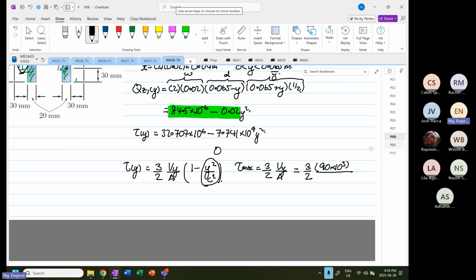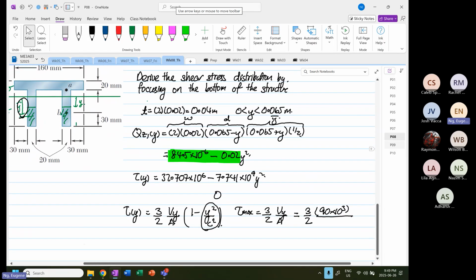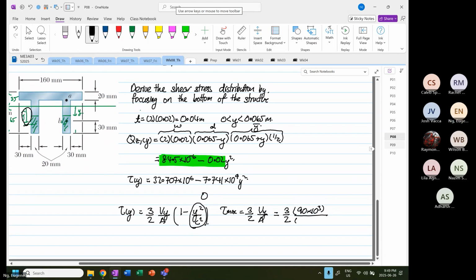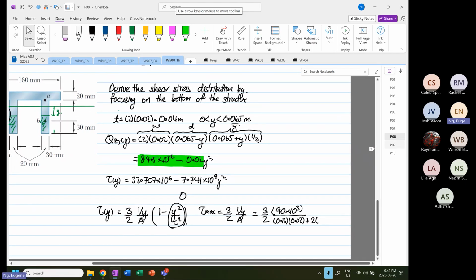Next, we are going to do the cross-sectional area. So the cross-sectional area is 0.16, the width, times the depth of 0.02, plus twice, right? Twice of 0.02, multiplied by what? Multiplied by 65.